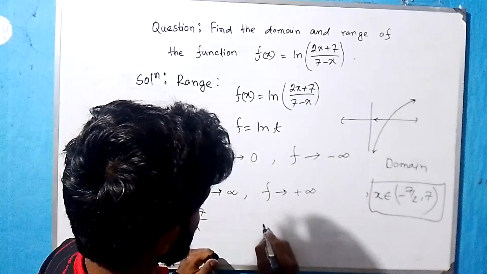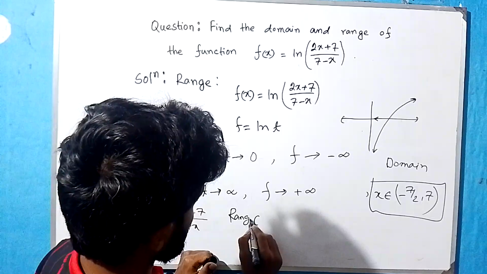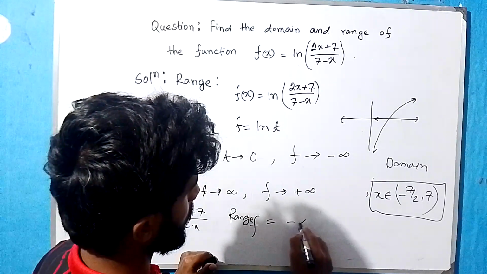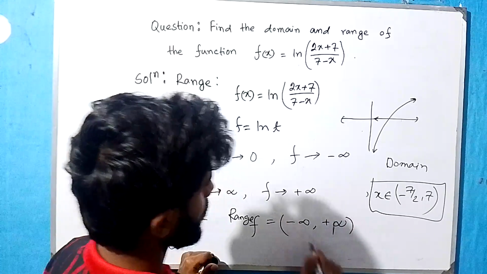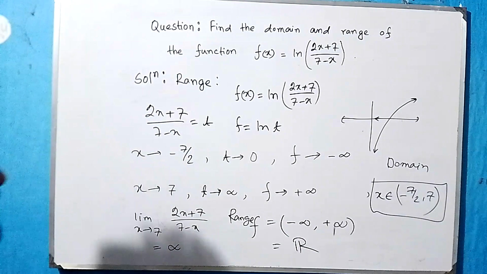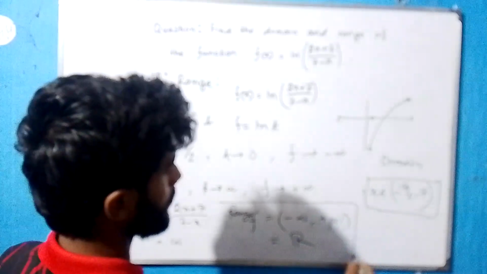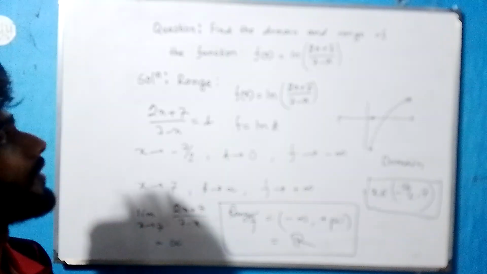Okay, I think we are done. So range of f is negative infinite to positive infinite, and you can see this is real numbers, right? So our domain is negative 7 by 2 to 7, and range is real numbers. All right, so we are done. Thank you.